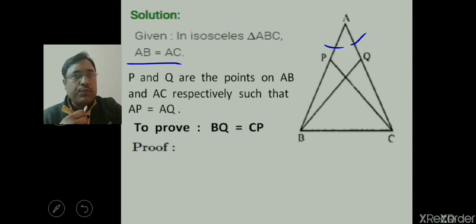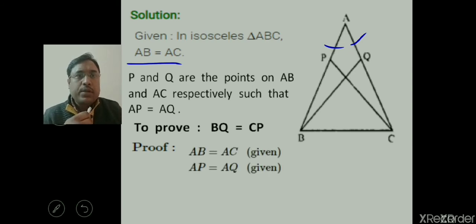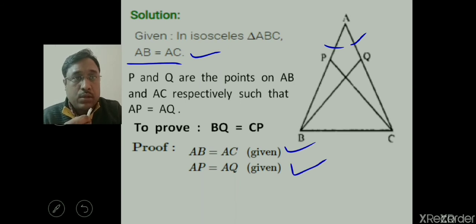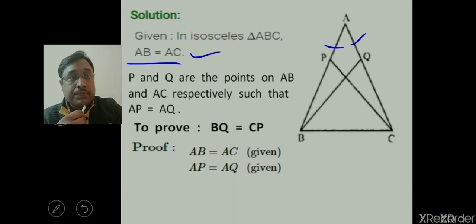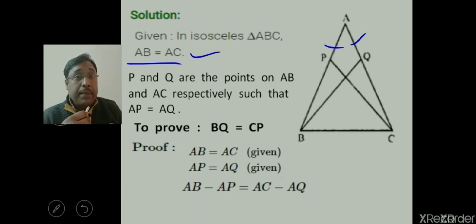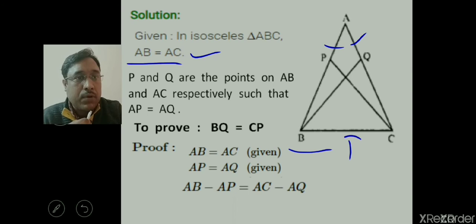Then in the proof, what will you say? First you will write AB equals AC, which is given, so I have written AB equals AC. Now AP equals AQ, that is also given in the question. Then you will subtract this AP from AB. Suppose the first is equation number 1 and the second is equation number 2.